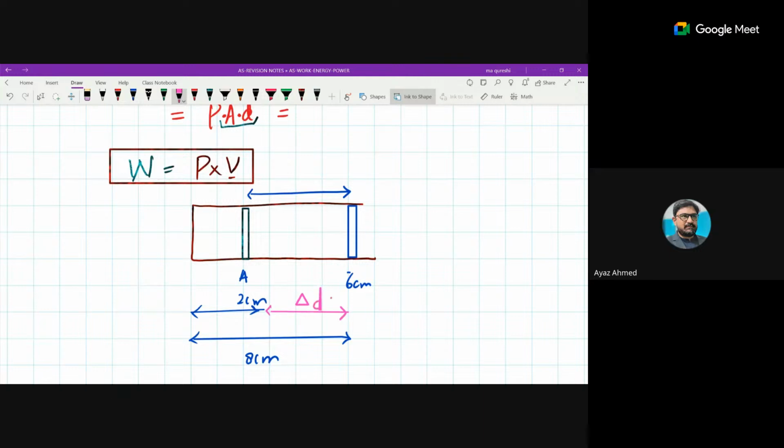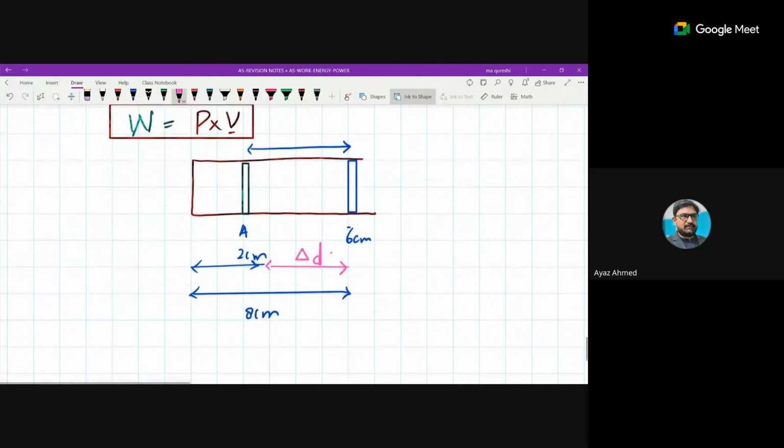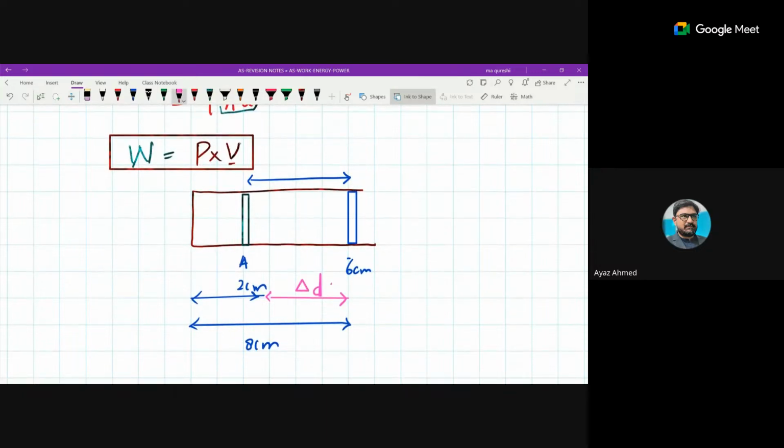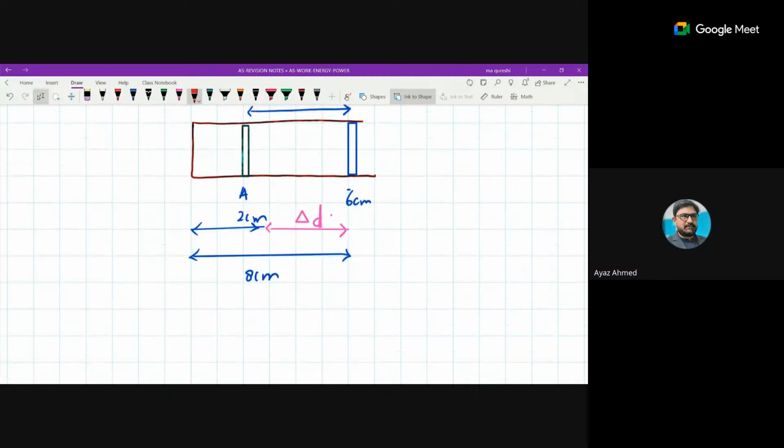So when your delta d takes place, you simply say that in volume, area is constant and displacement is changed. That's why your work is equal to P delta V. Just remember this, that you are supposed to use that one.